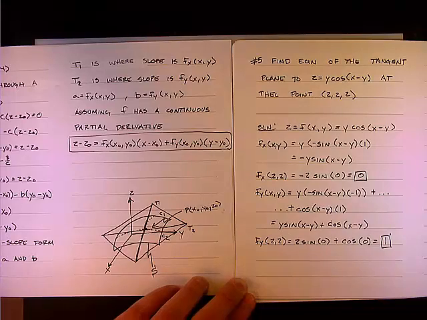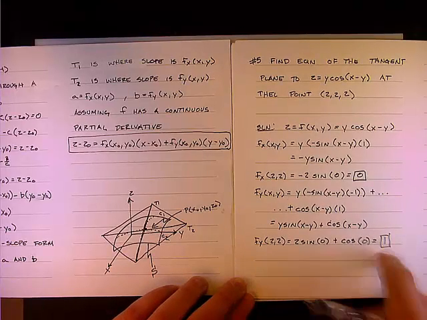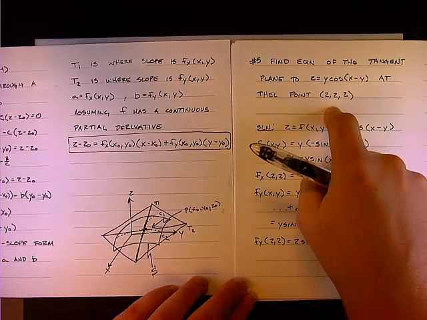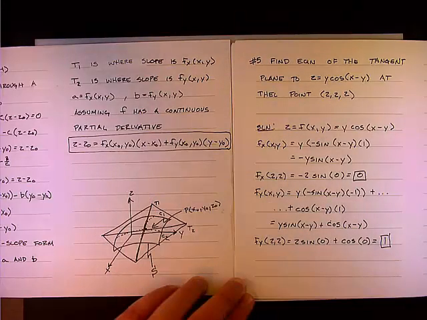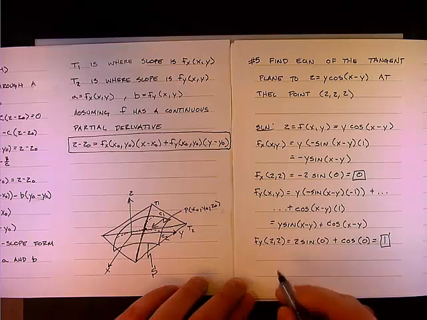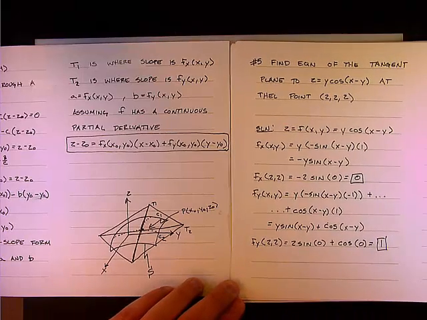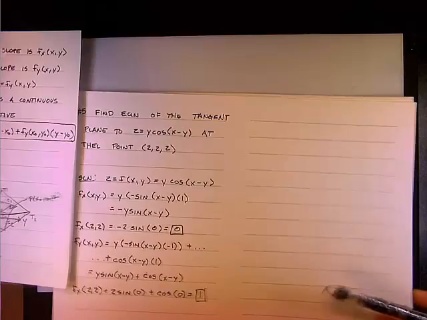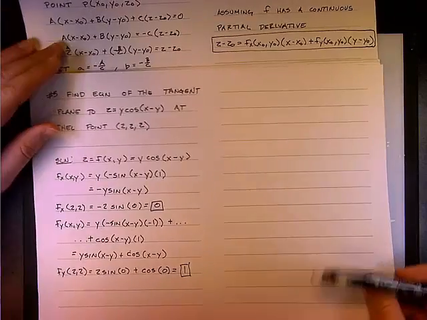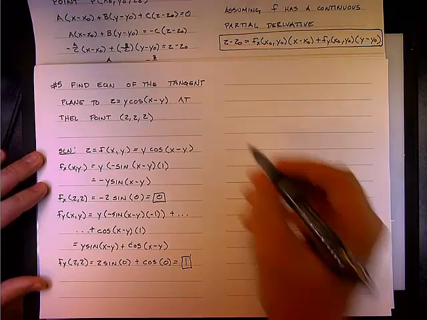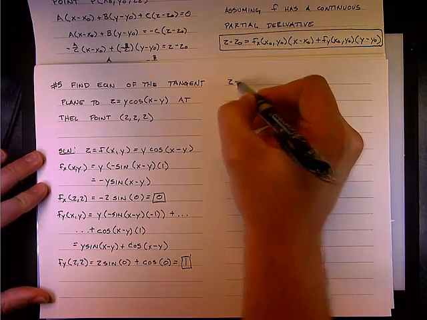All right, now we're going to evaluate at our point 2, 2, so that equals 1. Sine of 0 is 0, so that term goes away. Cosine of 0 is 1, so that is all we're left with.